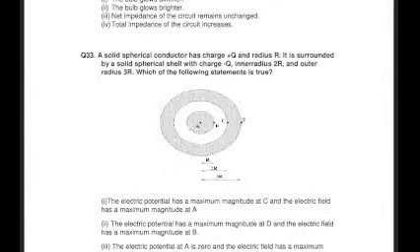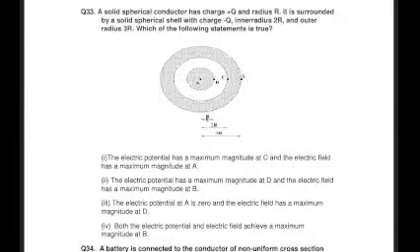Here they give the figure. Question number 33. A solid spherical conductor has charge +Q and radius R. It is surrounded by a solid spherical shell with a charge -Q, inner radius 2R and outer radius 3R. Which of the following statements is true? Points marked R, 2R, 3R, A, B, C, D. 1.